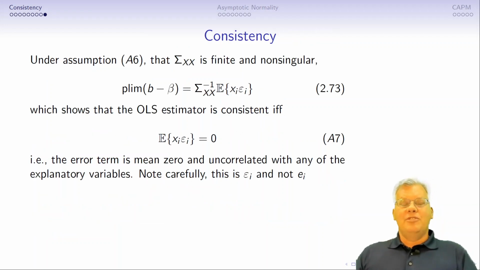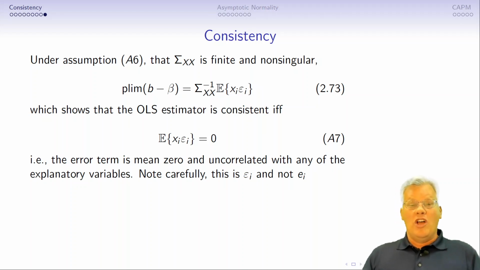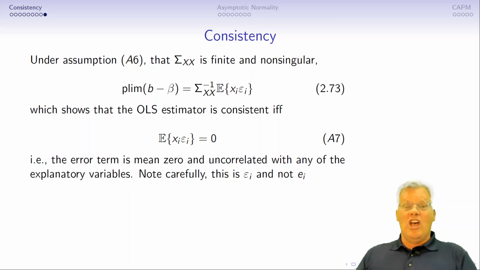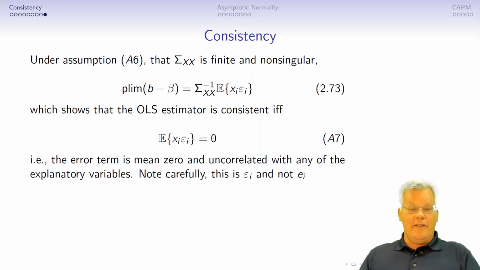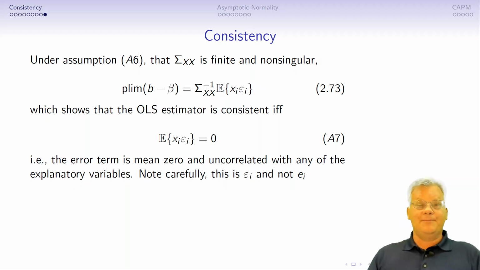Now, under assumption A6 that sigma sub xx is finite and non-singular, we can say that the probability limit of b minus beta is equal to sigma sub xx quantity inverse times the expectation of xi epsilon i, which shows that the OLS estimator is consistent if and only if assumption A7 is met.